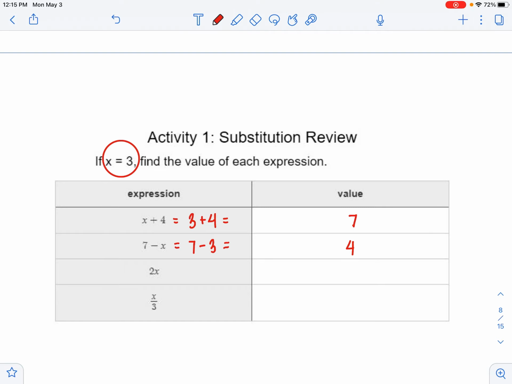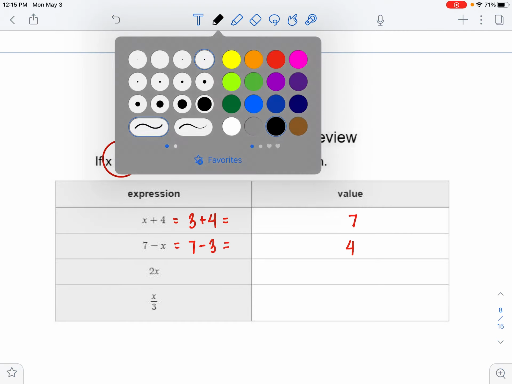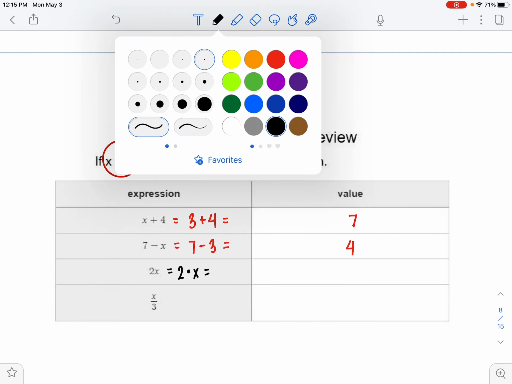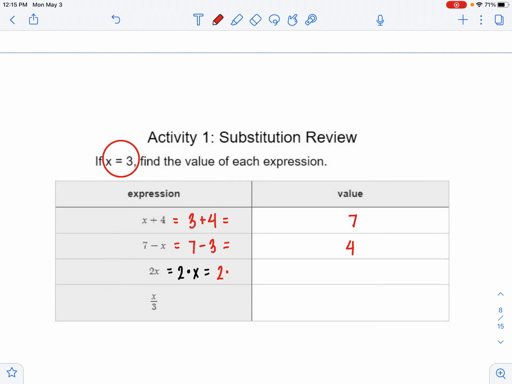In the next example, I have 2x. Now remember, when a letter and a number are hugging, it's 2 times x. But again, we know what x is. X is 3. So we have 2 times 3, which is 6. And then in this question, we've got 3 over 3 because we replaced the x with the 3.